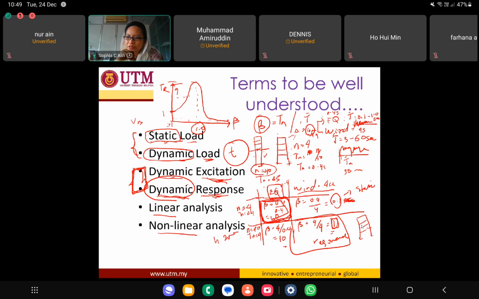Let me ask you, Amiruddin, the design that you did before this, maybe in your RC design, is it linear analysis or non-linear analysis?